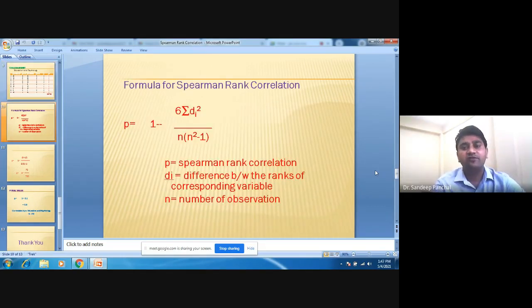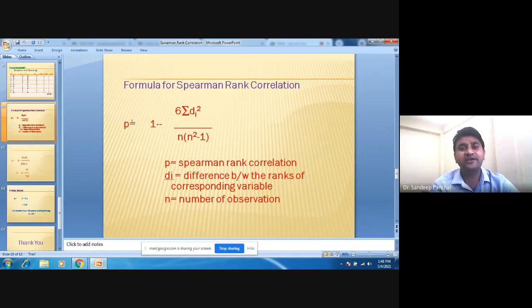This is the formula for Spearman rank correlation. We will apply the formula of Spearman rank correlation to find out the correlation between education rank and psychology rank. Okay, the Spearman rank correlation is always indicated by small p.